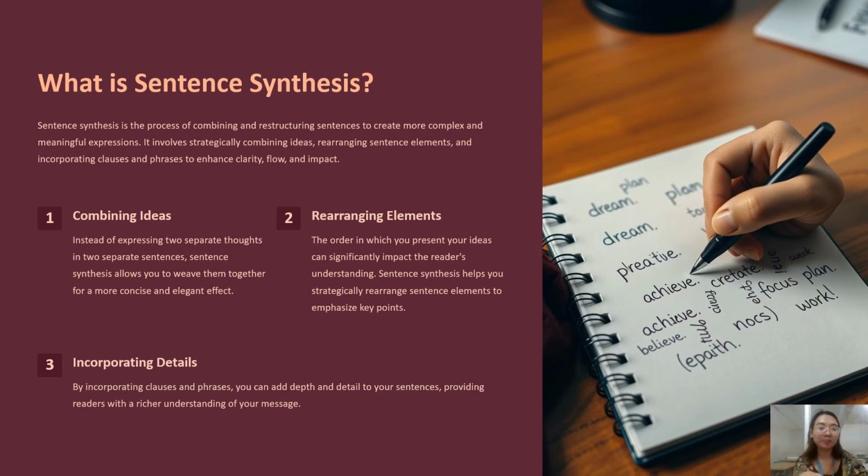So that's it, for example. Now let's discuss why sentence synthesis is important. It is very important because it helps us to simplify our writing. It also avoids repetition of words, and it makes our communication more effective.